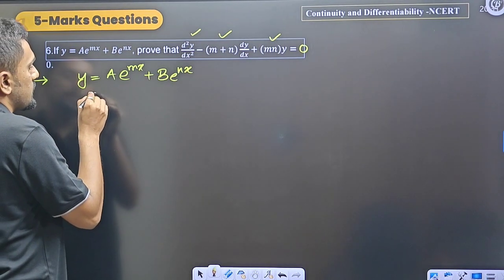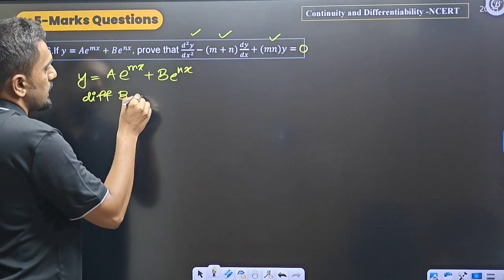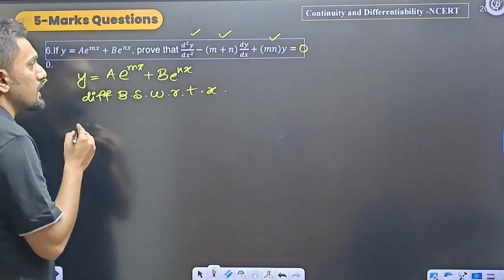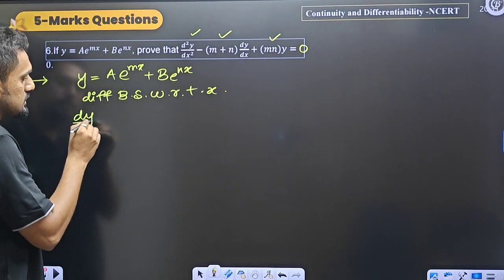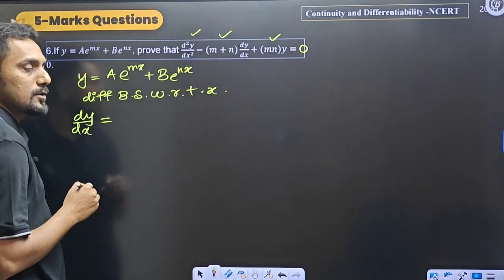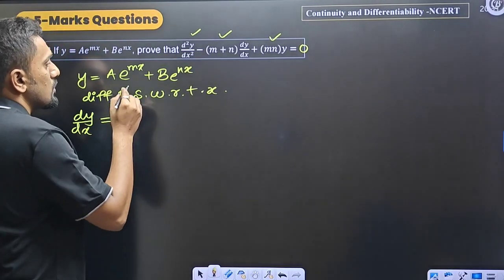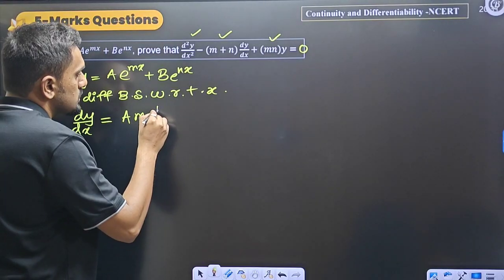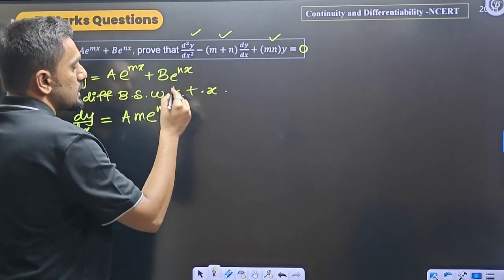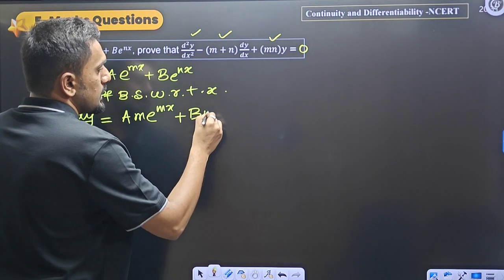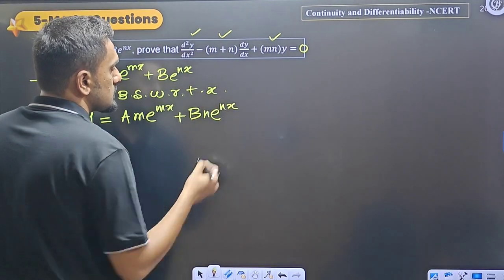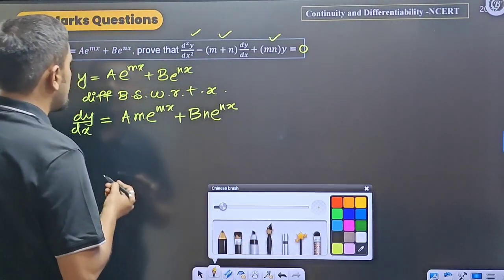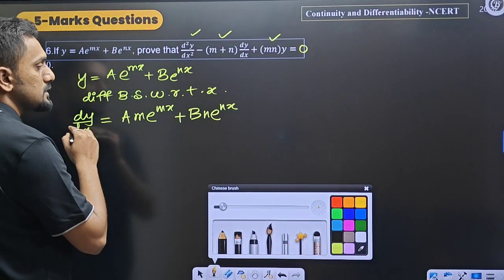So differentiating both sides with respect to x, what happens? dy by dx is equals to a into the derivative of e raised to mx, as I told earlier, m into e raised to mx, plus the derivative of e raised to nx, n into e raised to nx.